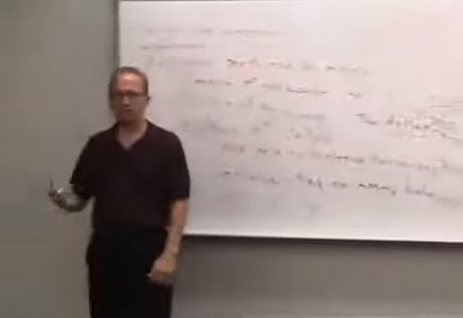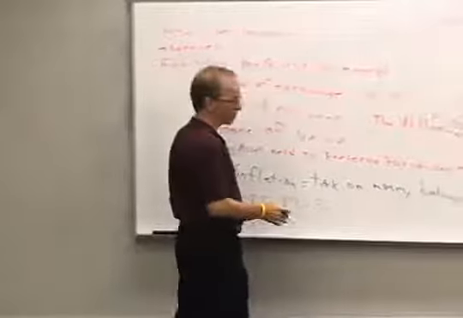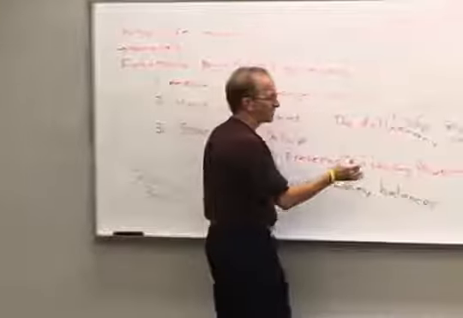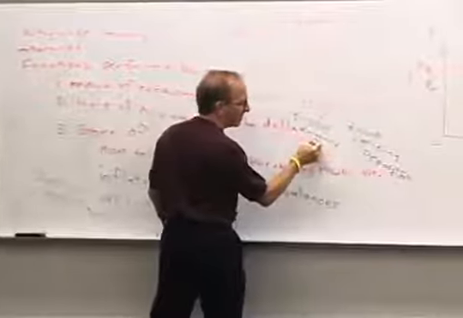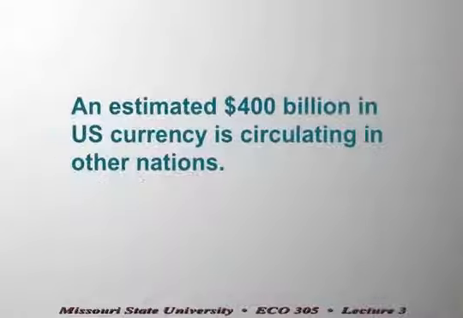Okay, that's the official U.S. money supply, but I just told you a little story here, and what you should know is that maybe on the order of 450, and I'm going to put a question mark, billion dollars of this currency is outside the U.S.